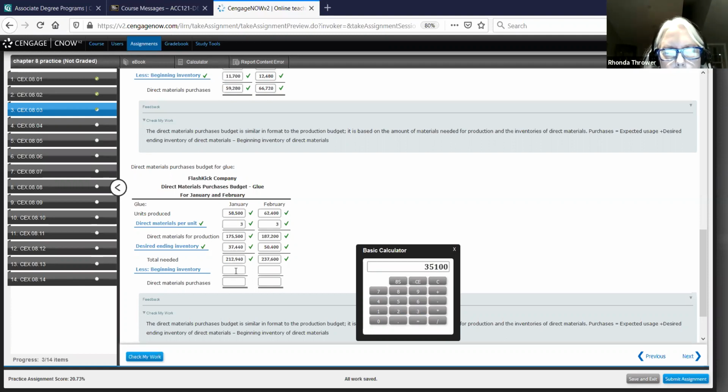That would give you 35,100 as the ending inventory for December, which will become the beginning inventory for January. And the ending inventory for January becomes the beginning inventory for February. And so our direct materials purchases would be the beginning inventory subtracted from the total needed.